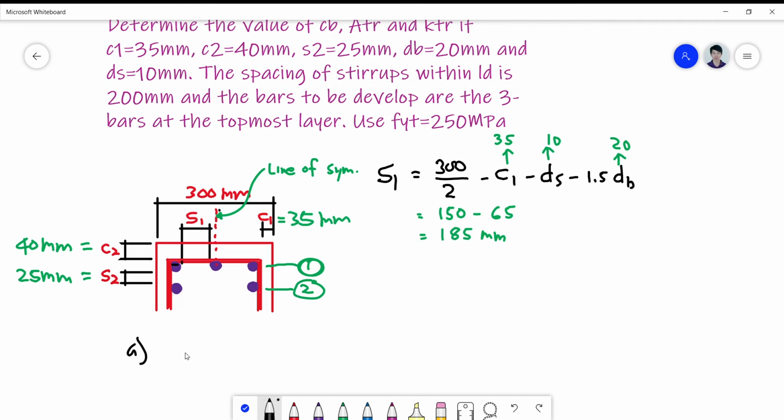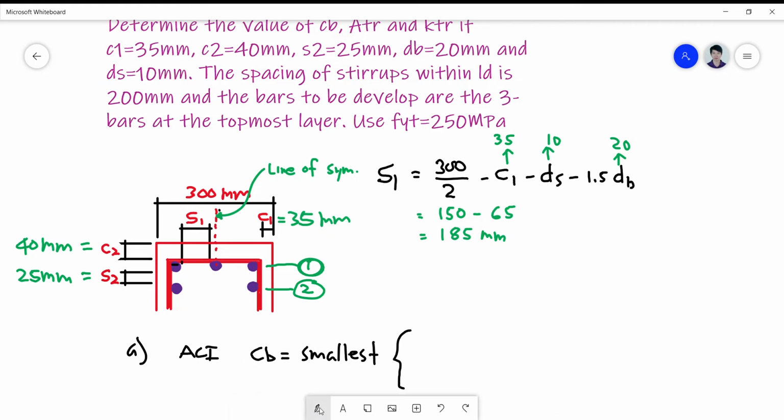So according to ACI, your CB is simply the smallest of the center to center spacing of your horizontal bars, and the center of the bar to the nearest surface cover.